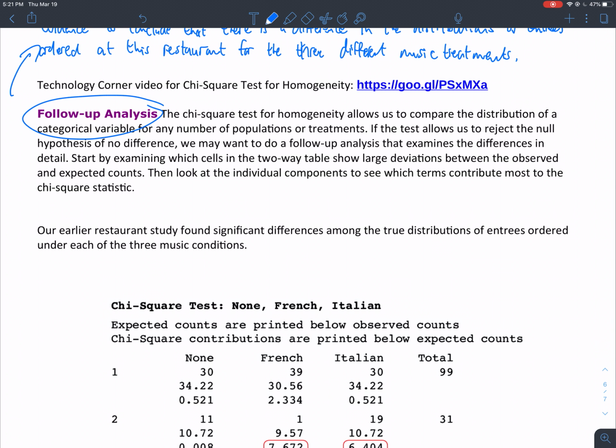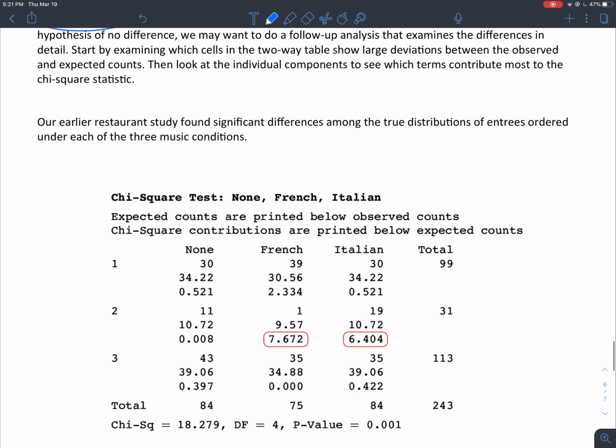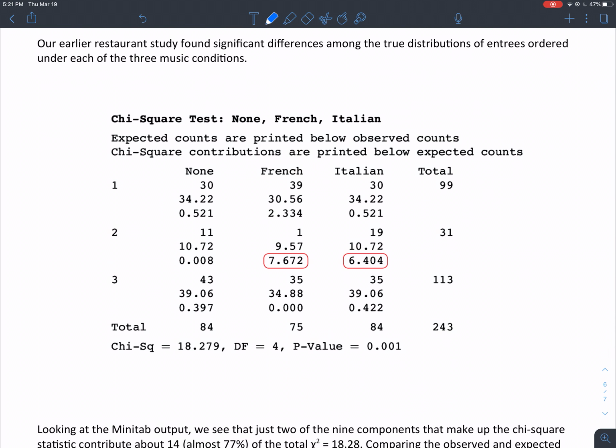We're comparing a whole bunch of different treatments and a whole bunch of different categorical variable values. And here is a table of what we found. Let me take you back a little bit to understand what this means. These were my observed counts. These were my expected counts, and these were the contributions or components of the chi-square statistic.